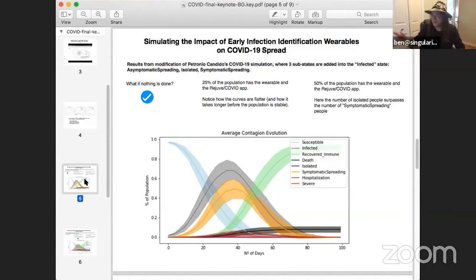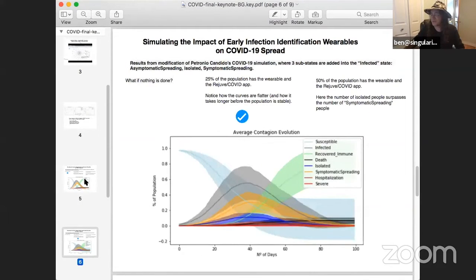And so you can see here what happens without any early identification of asymptomatic sick people who may also be spreaders. Now, if 25% are using the app, then the curves are flatter.